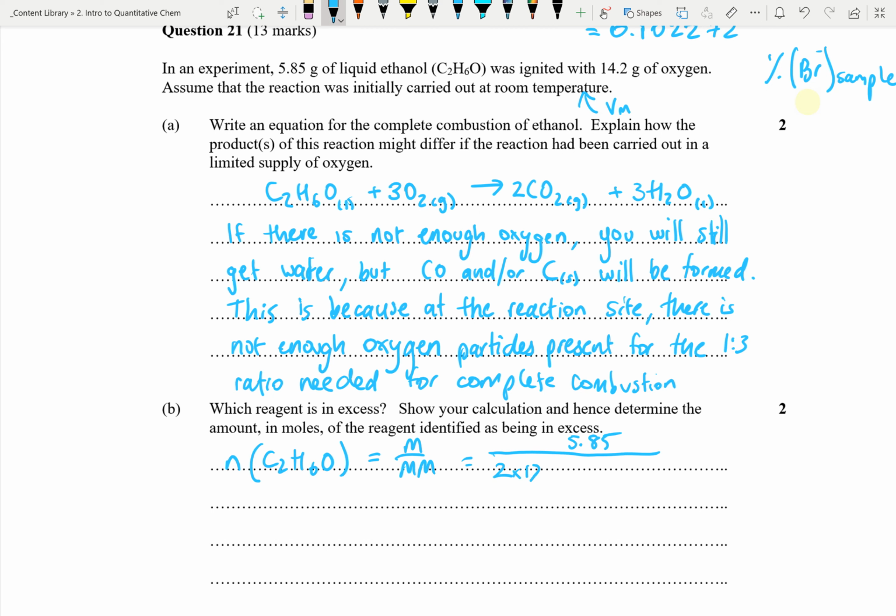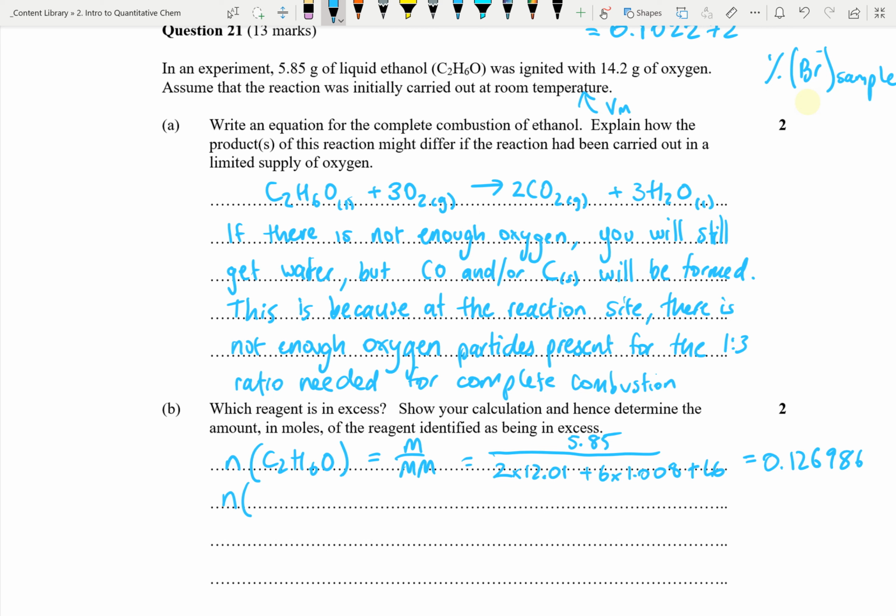I'm looking at 2 times 12.01 plus 6 times 1.008 plus 16, and that's going to give me 5.85 divided by 2 times 12.01 plus 6 times 1.008 plus 16 gives me 0.12698. 0.127 is good enough. And I'm going to need some space. I'm going to jam it up.